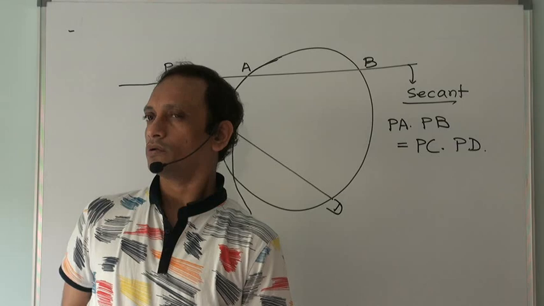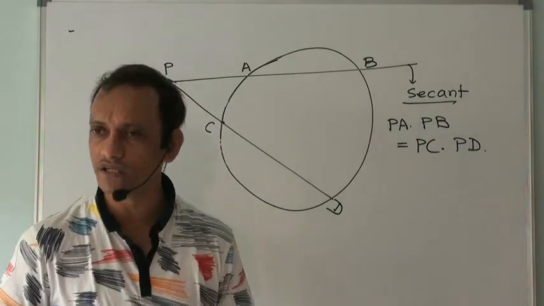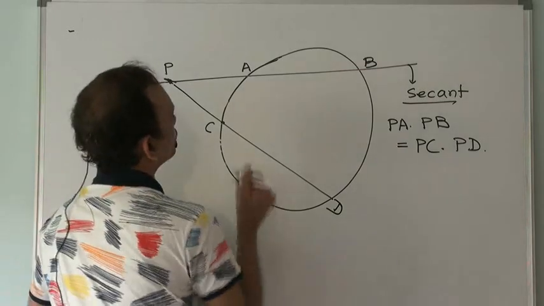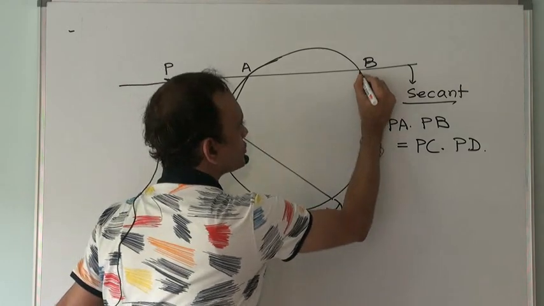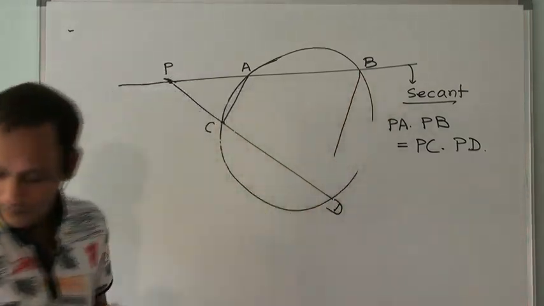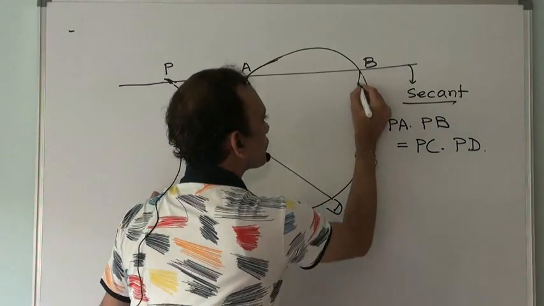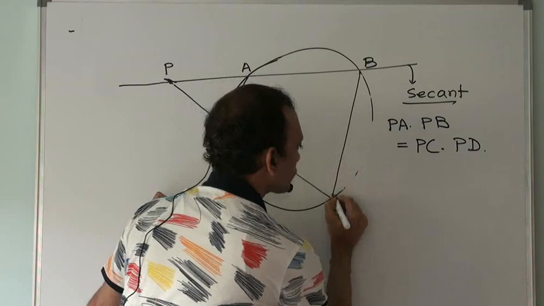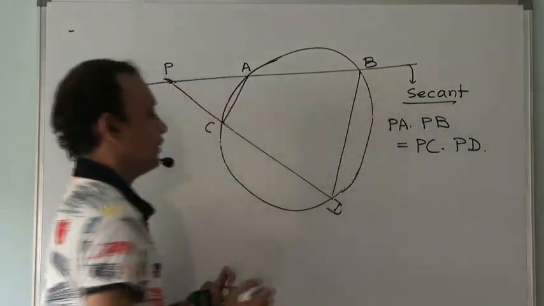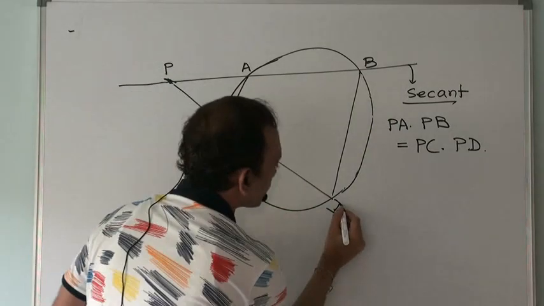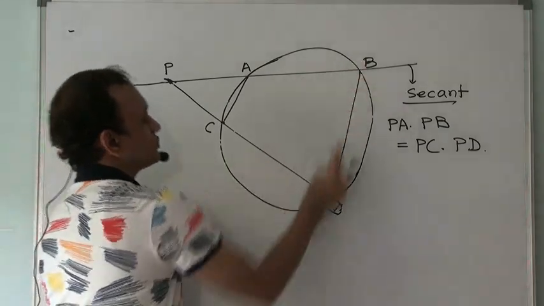Now, nothing difficult as far as the property is concerned. We can very easily establish this property. What we do is, let me join A and C and let me join B and D. Now, look at this quadrilateral ABDC.